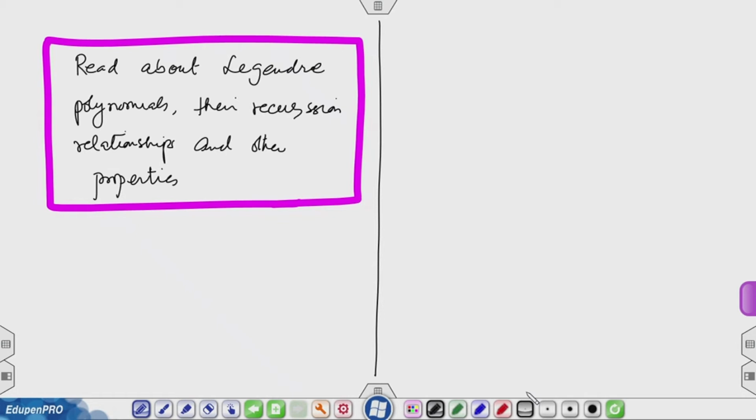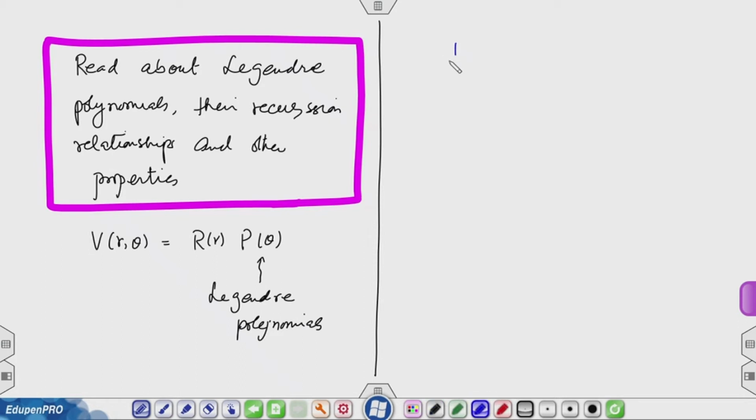Now, let's look at the R solution, because we have already found that when I write V of r, theta as R of r times P of theta, the P are Legendre polynomials. The corresponding R equation then becomes 1 over R d by dr of (r square dR by dr) equals L(L plus 1).